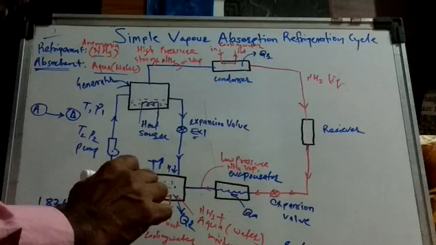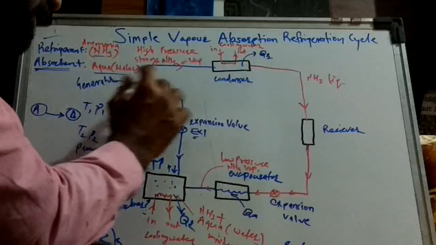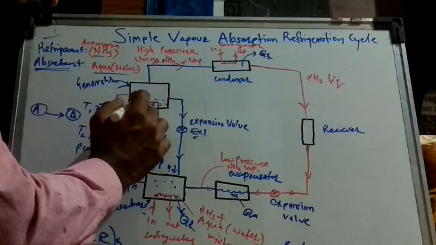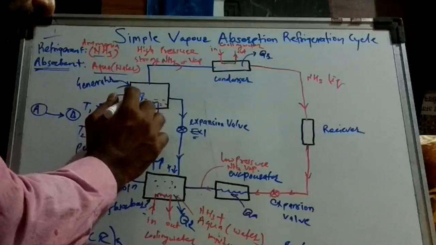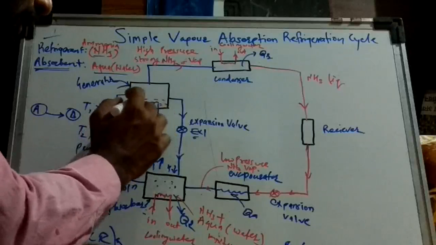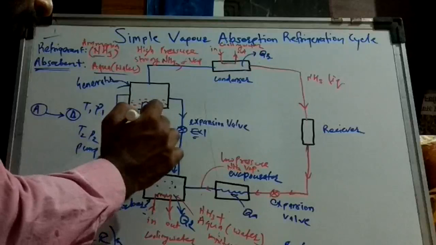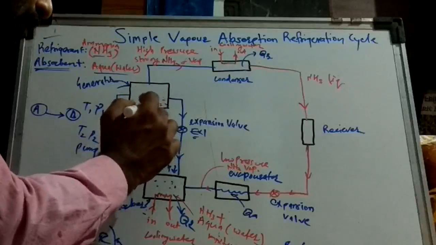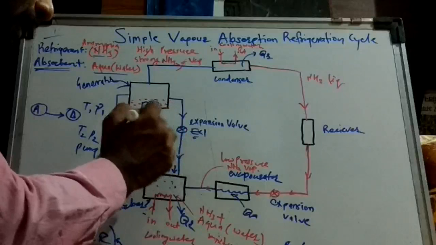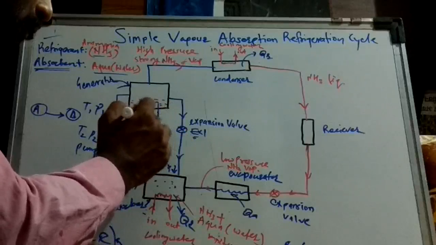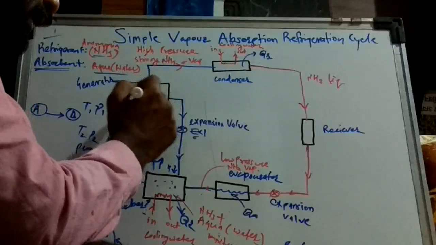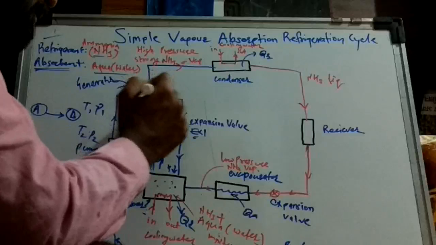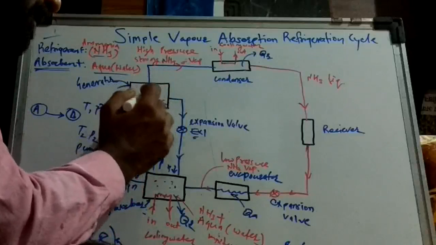In the generator, that strong mixture of ammonia and water will be heated with the help of a heating coil. An external heat source is provided so that the heating coil will generate heat and heat the mixture.